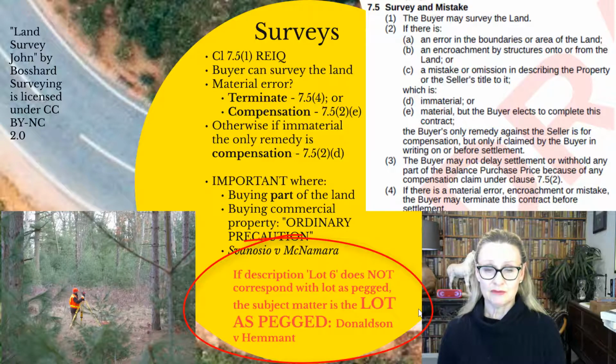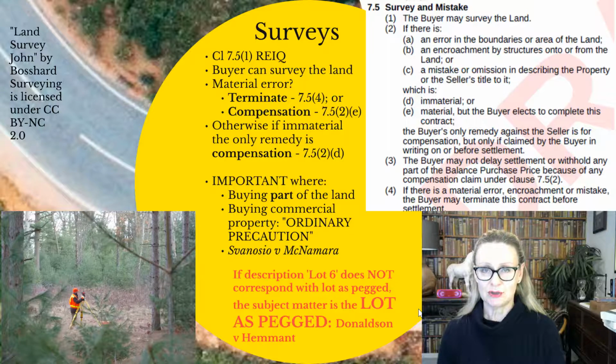As you can see, I've put down in red there at the bottom of the slide, if the description of lot 6 doesn't actually correspond with what's been pegged out, the subject matter of your contract is going to be the lot as pegged. So surveys, fairly heavy hitter in terms of description of the subject matter of your sale.